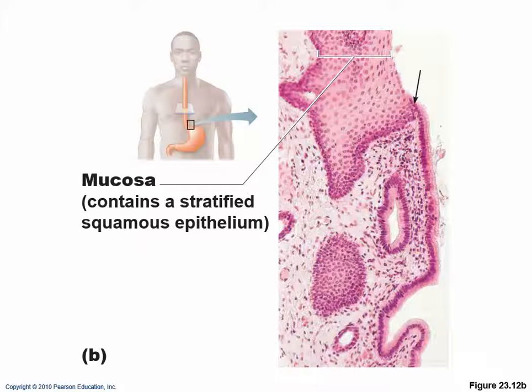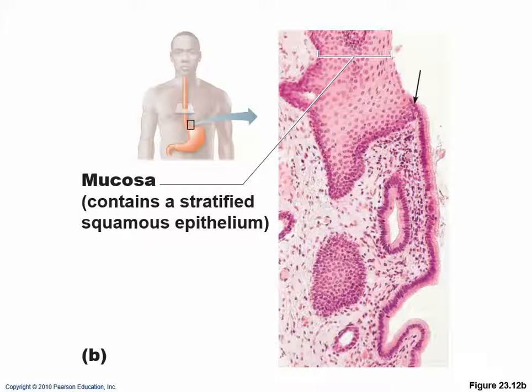You can see the mucosa changing from a stratified squamous, multi-layer epithelium here, to a single columnar epithelium, and that happens right at the cardia.